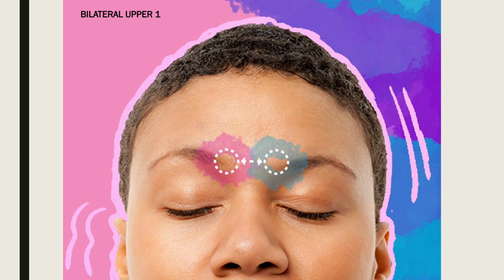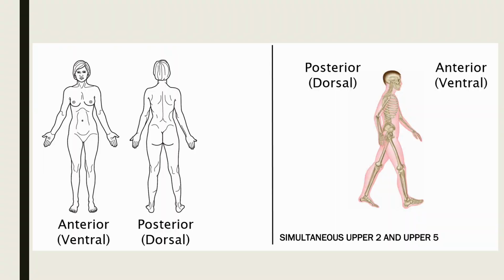If the disease is located bilaterally on the body, needle the points bilaterally. For example, if a headache were located medially on the forehead, upper 1 would be stimulated bilaterally. For disease that is located on both the anterior and posterior parts of the body, the point should be used on both sides of the wrist and ankle.